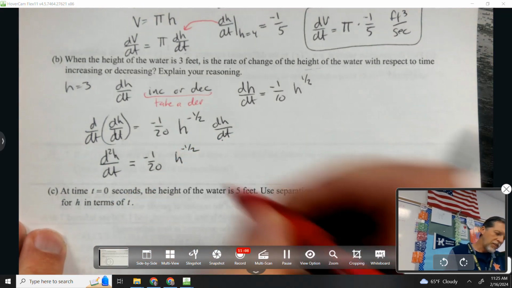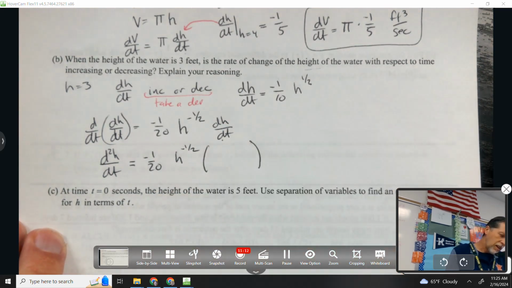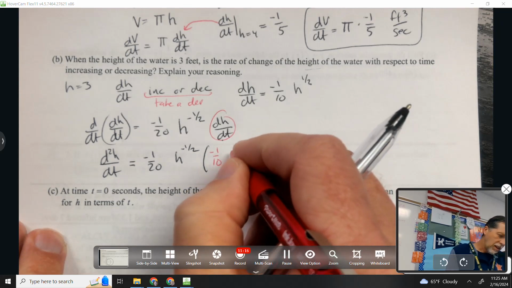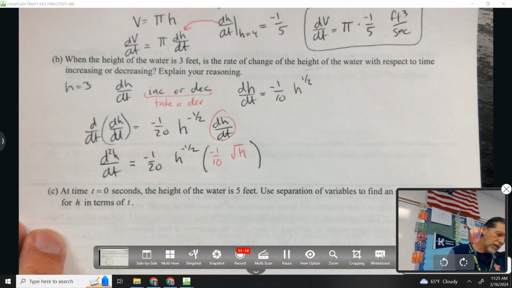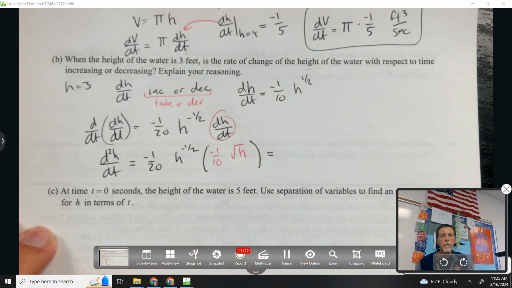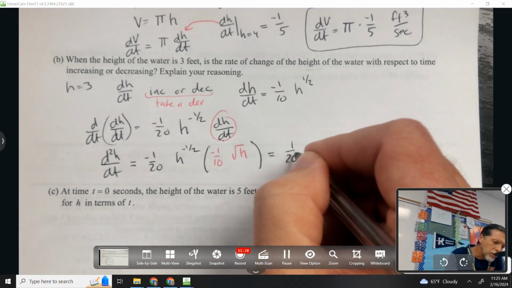So in place of dH/dt, I can put negative 1/10 square root of h. Okay, so let's see if we can figure all that out together. That'd be a positive 1 over 200.